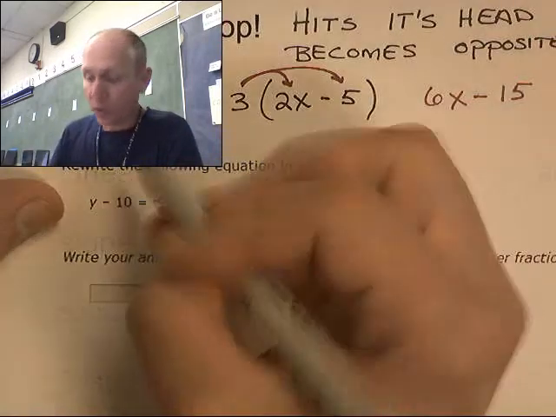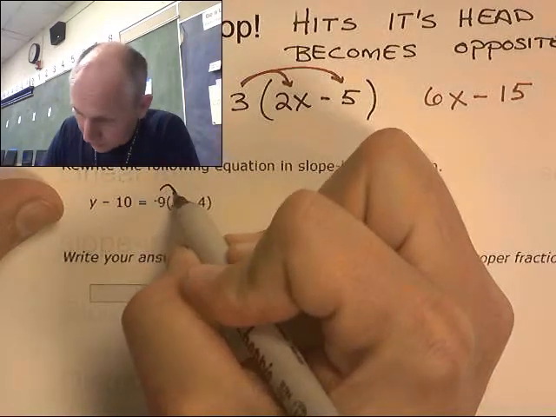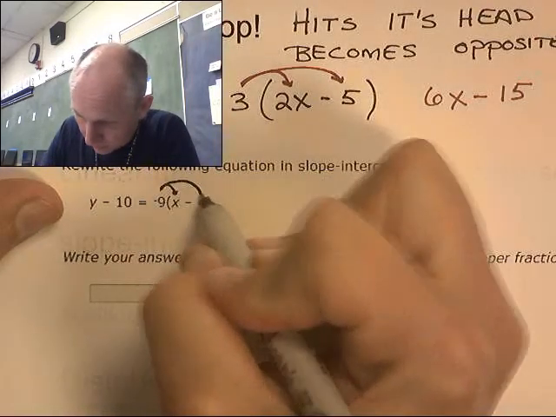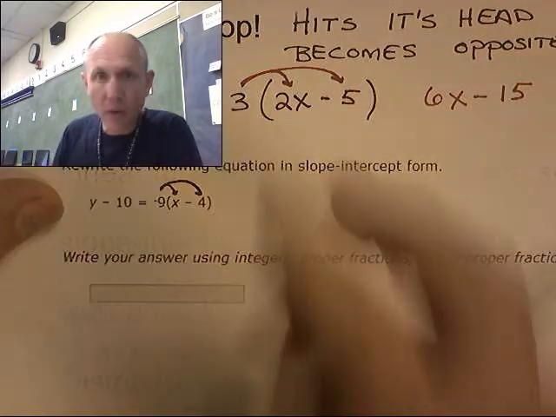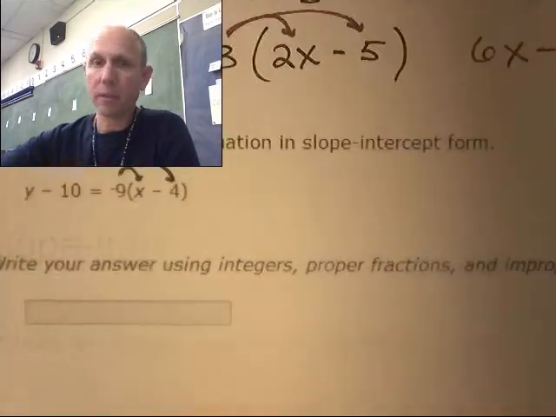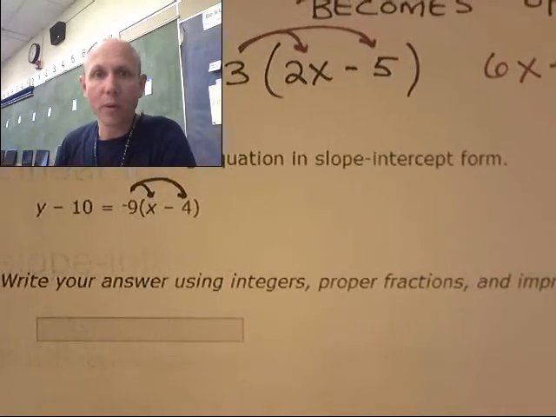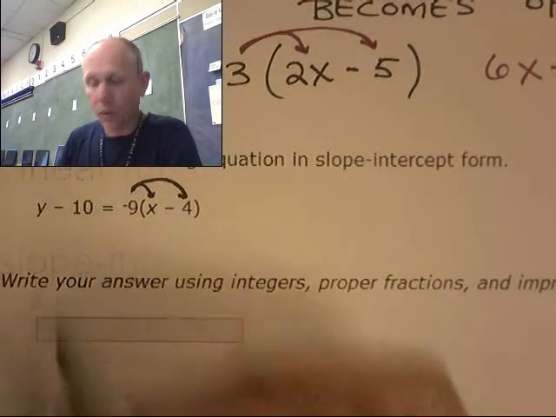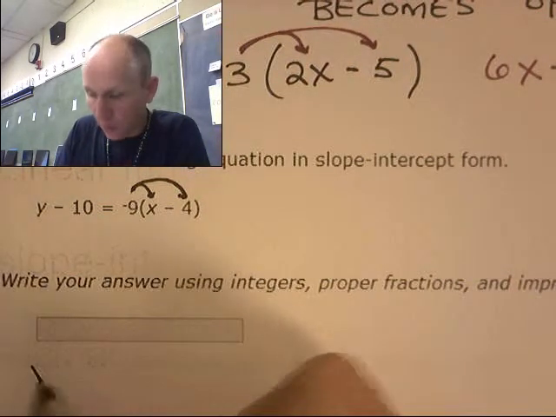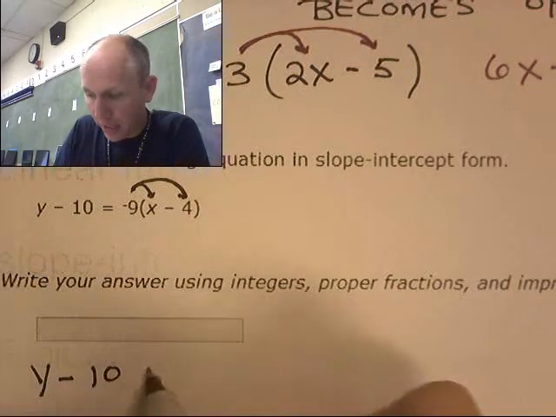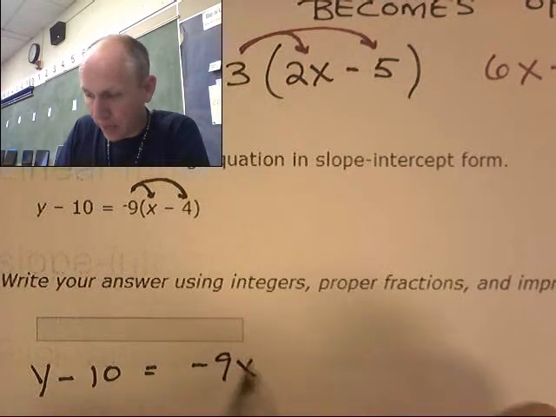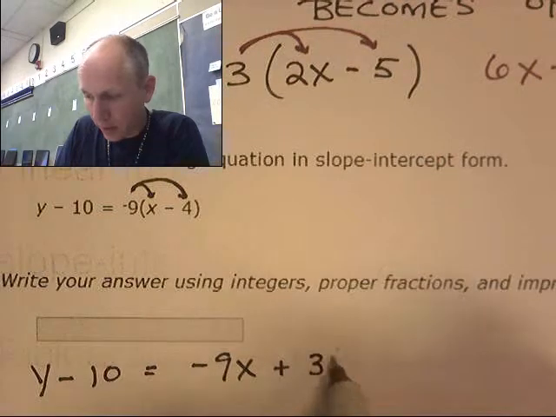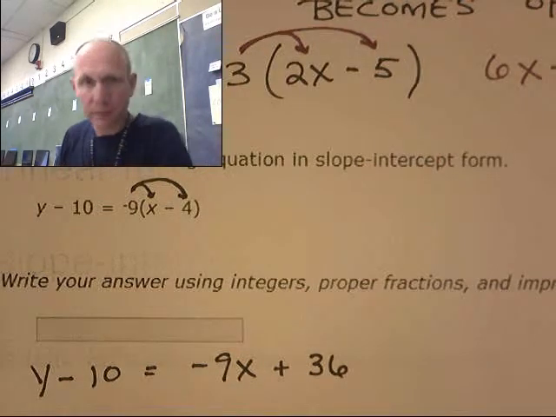Let's start with some distribution. What do I get when I distribute? Well, I have y minus 10 equals negative 9x plus 36.